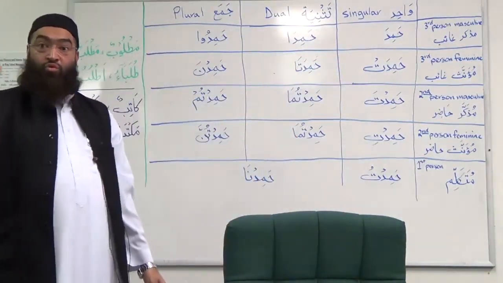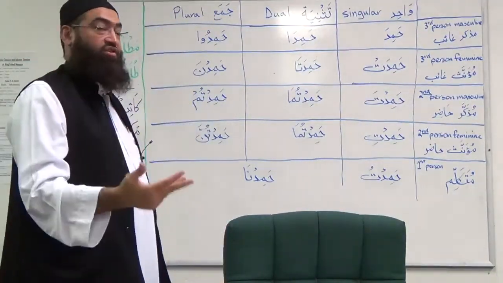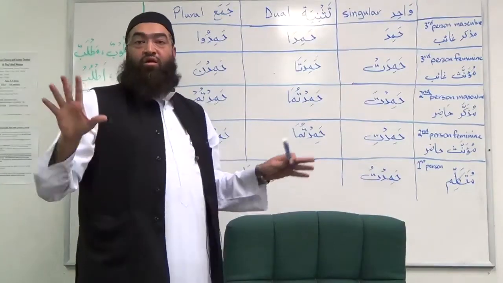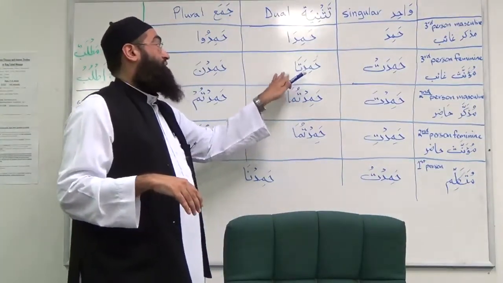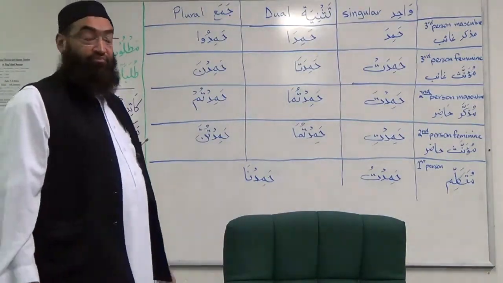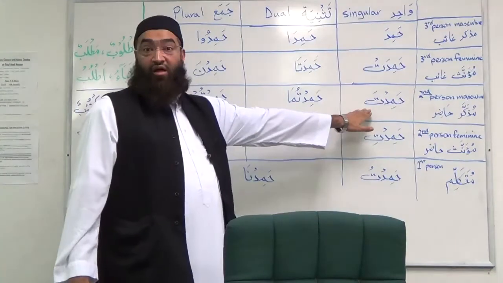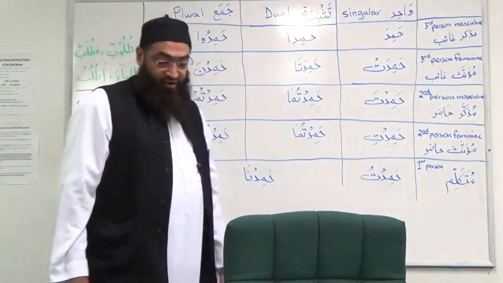So: إذا الشمس كورت وإذا النجوم انكدرت وإذا الجبال سيرت وإذا العشار عطلت. These are all feminine words. So it comes a lot, inshallah. So for the man you would say Hamidallah. All right.